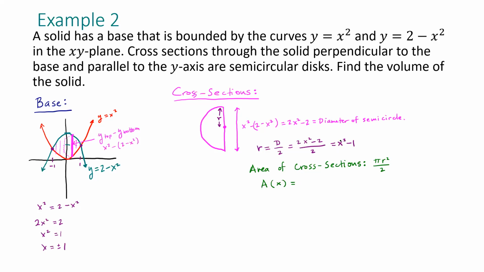And because our radius here is given by x squared minus 1, we'll do pi times x squared minus 1 squared over 2. So why don't we now go ahead and integrate our cross sections to get the volume.